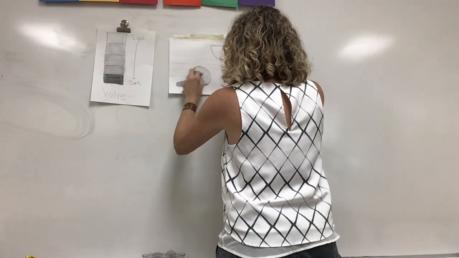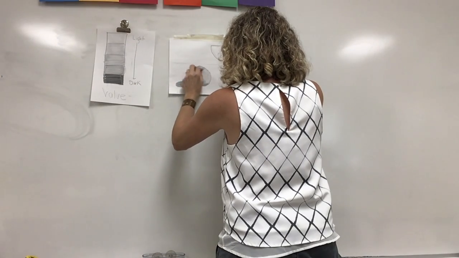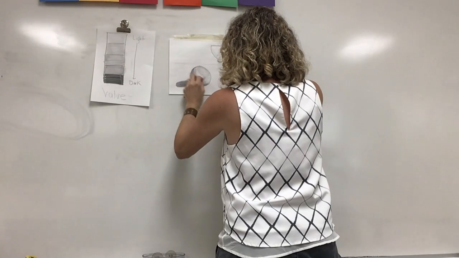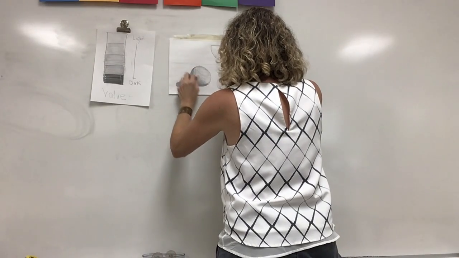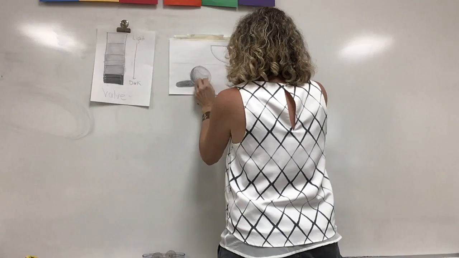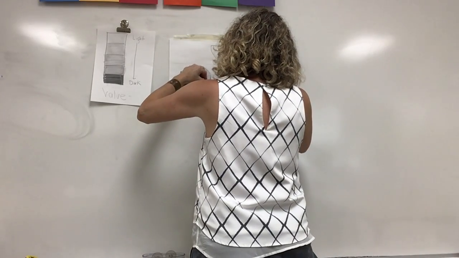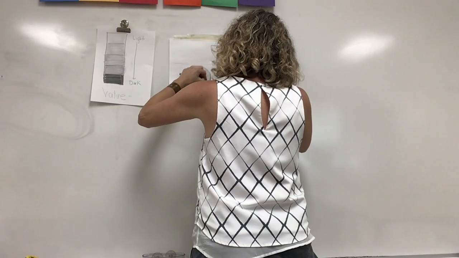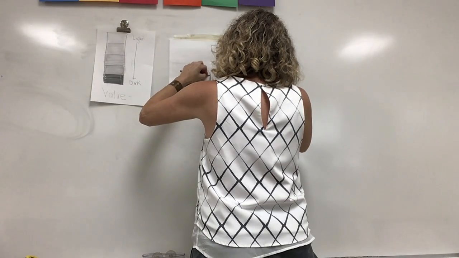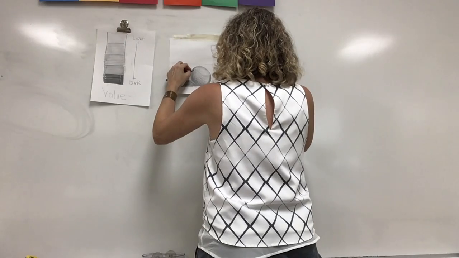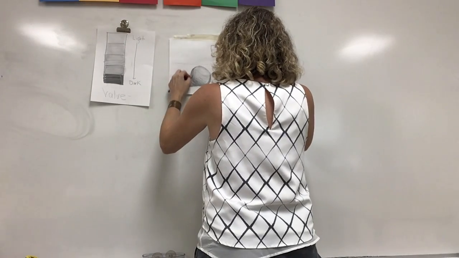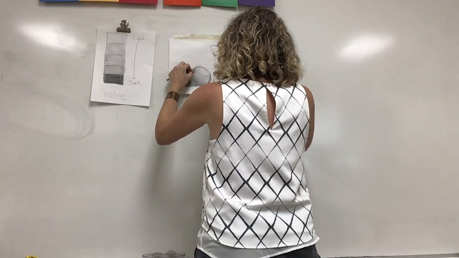Okay, and I know I want my lightest area to be maybe about up here. And the sides of the sphere are going to be darker than the middle.